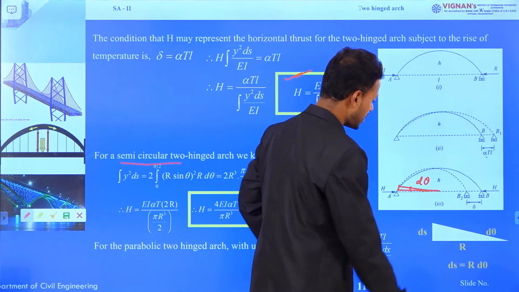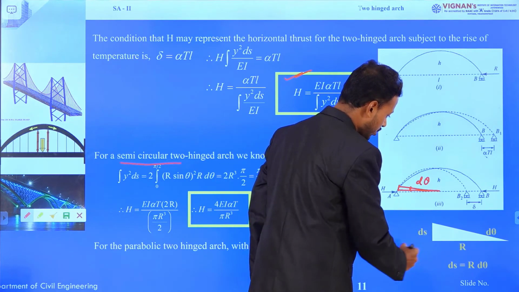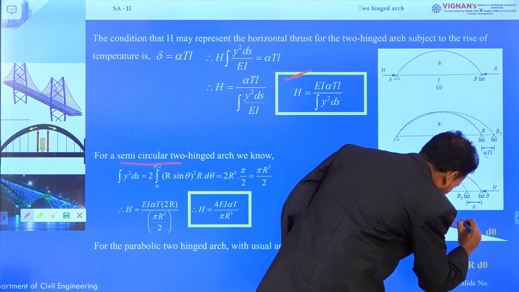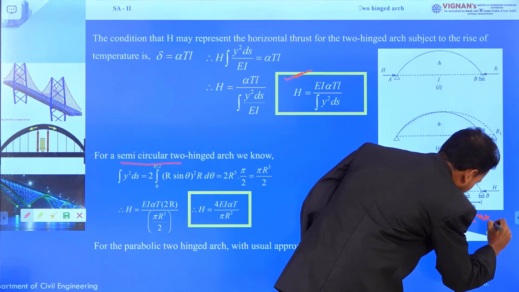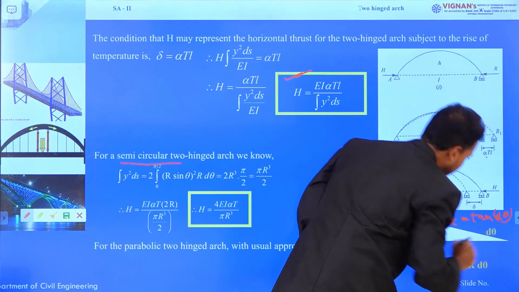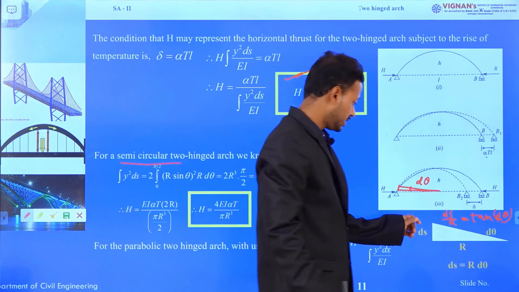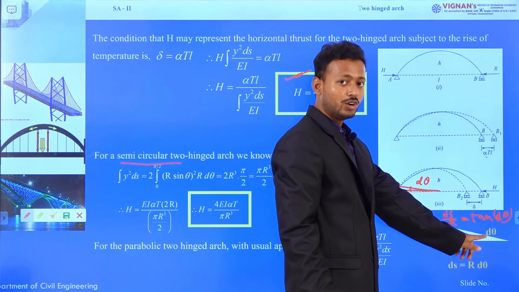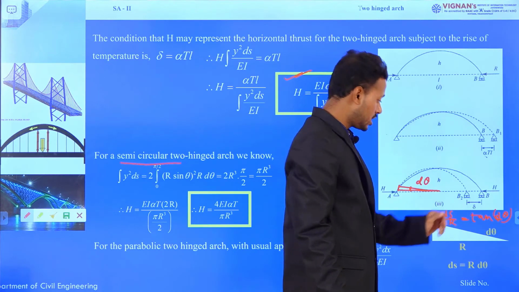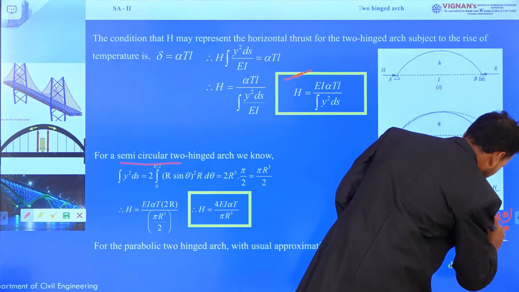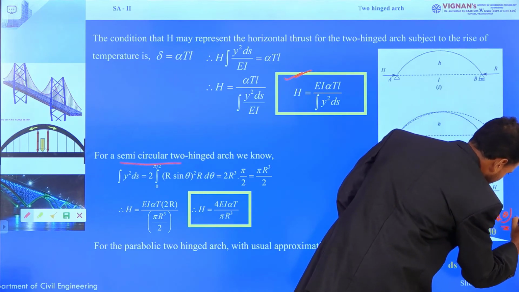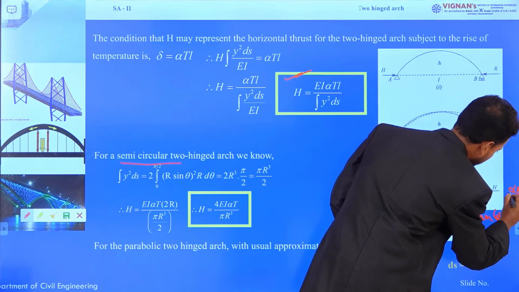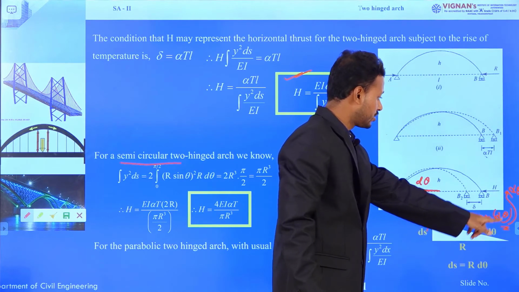Therefore, we can write ds by r equals to tan theta, height by base equals to tan theta. As theta is very small, we can write tan theta equals to theta.